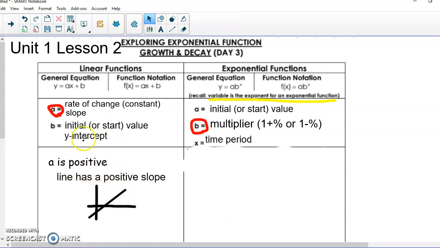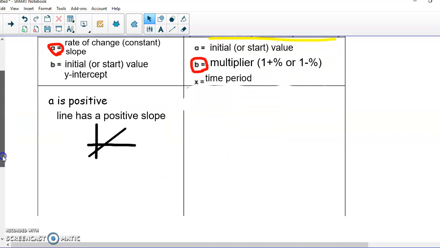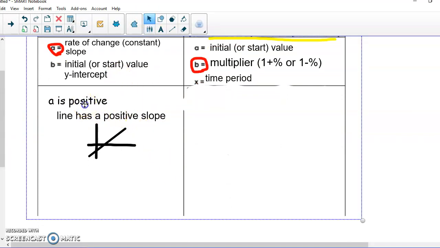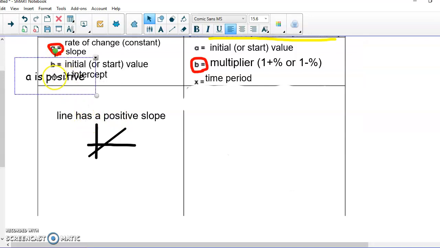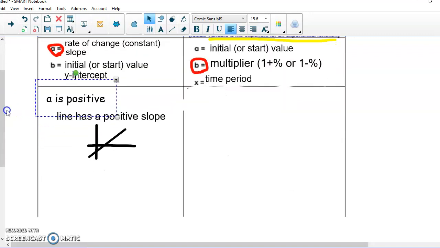Now, if we take all this and switch it around, so instead of a being positive, let's say a is negative. You might have to pause your video to rewrite this.